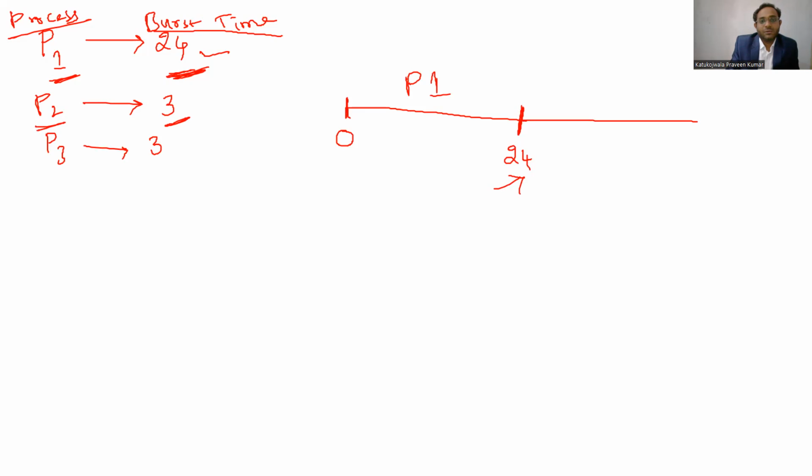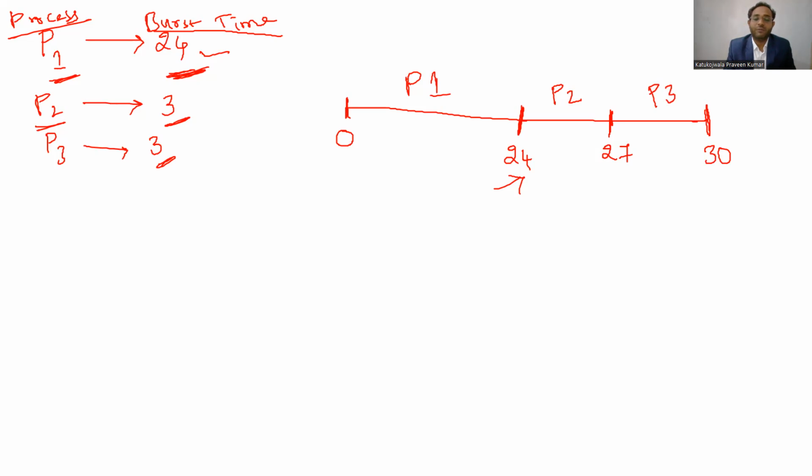From here, 24 plus 3 is 27, occupied by process 2 for 3 units of time. The next one is P3. At 27 units of time, P3 has arrived and it completes its burst time of 3 units of time, that is 27 plus 3 is 30.